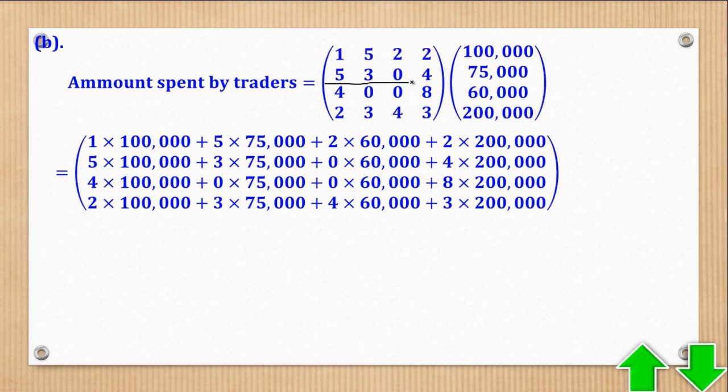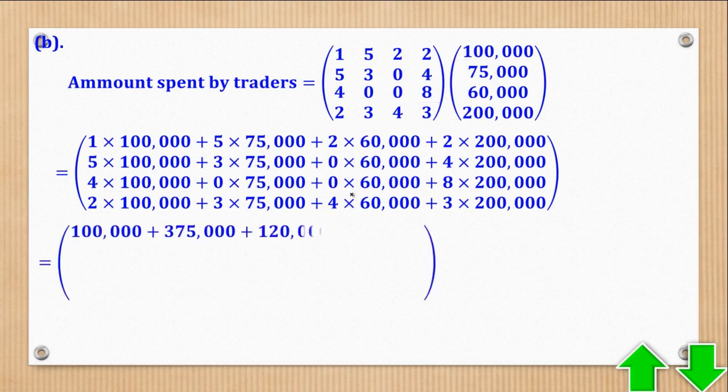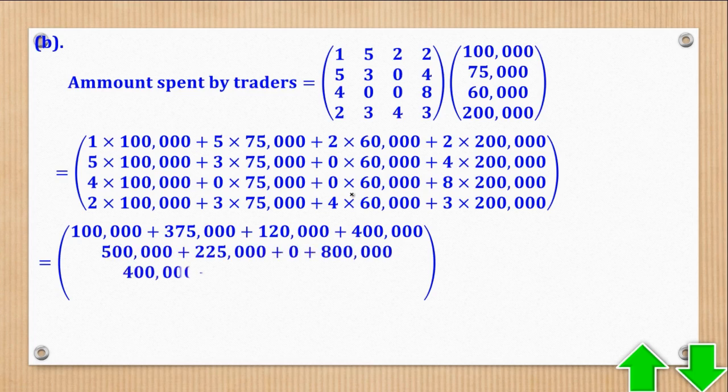Then next will be this with this to give you this row. Then next will be this with this to give you this row. And lastly, this with this to give you that row. So we can simplify and get the output.